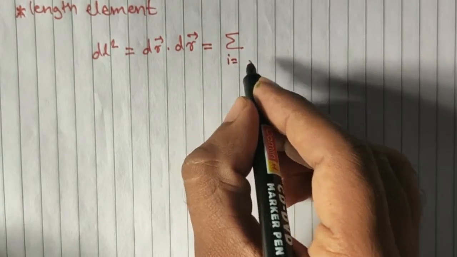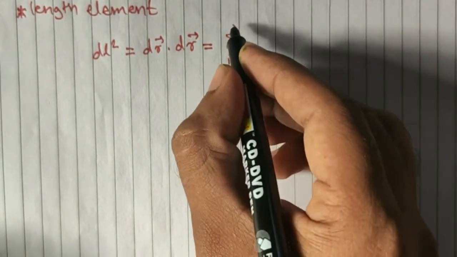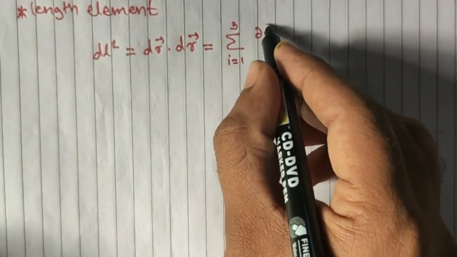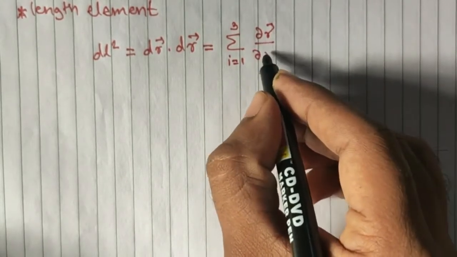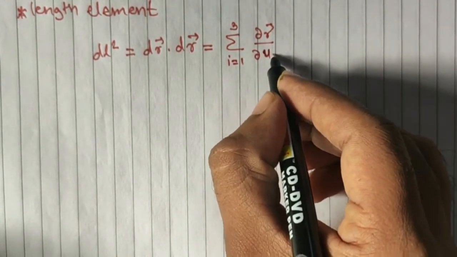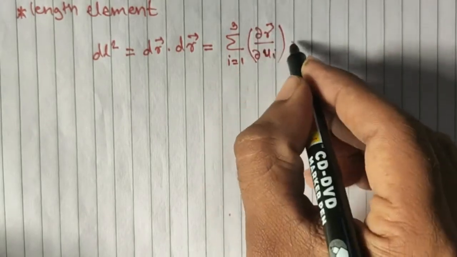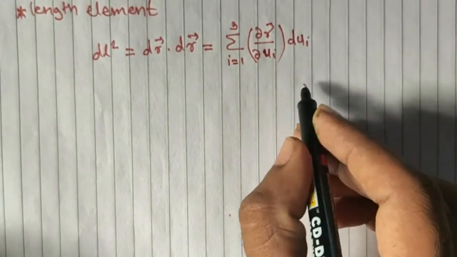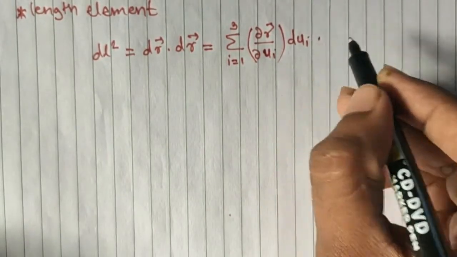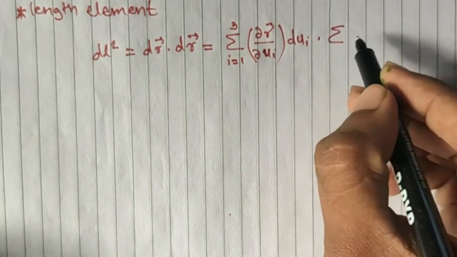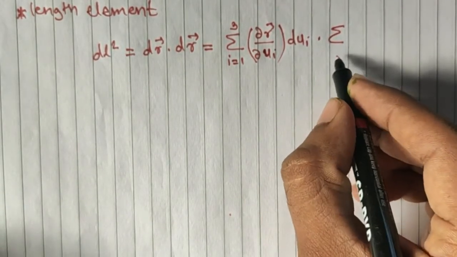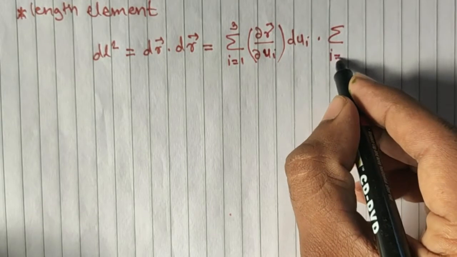Summation over i running from 1 to 3, delta r bar by delta ui dui, right? This is for the first r bar, then dot, that is a dot product between them, then i.